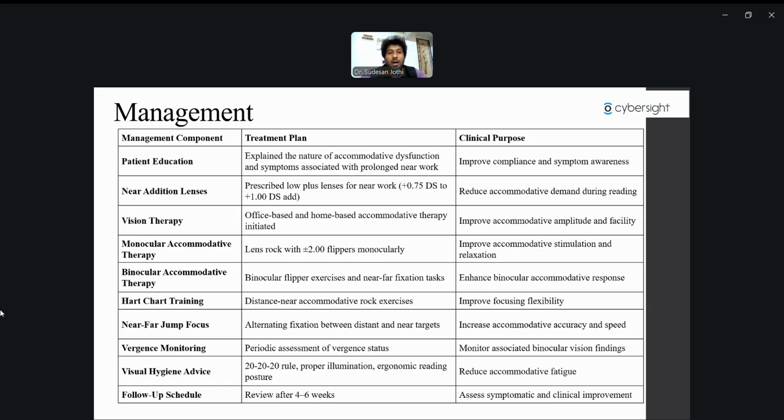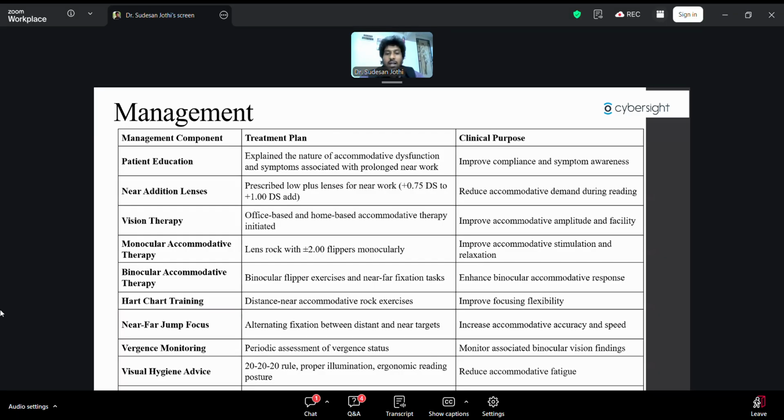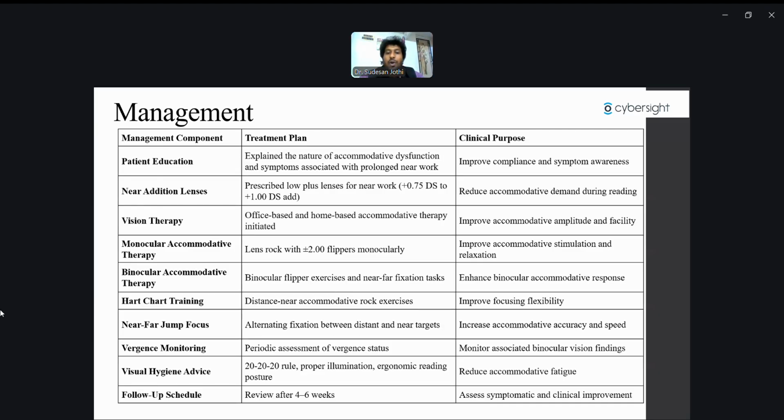Now, stepping into the management of the case, once the diagnosis is confirmed, the treatment should address both symptoms and the underlying cause. We begin with patient education and prescribe a low near addition to provide immediate relief. At the same time, we start a structured vision therapy program to improve the accommodative amplitude and flexibility.